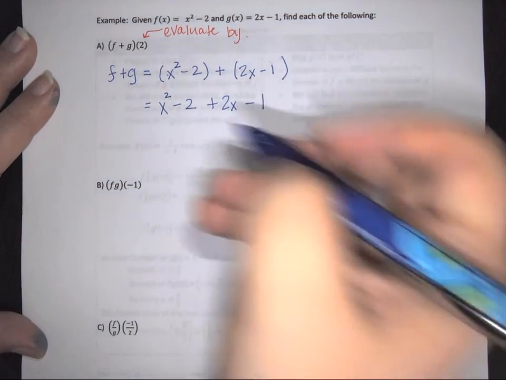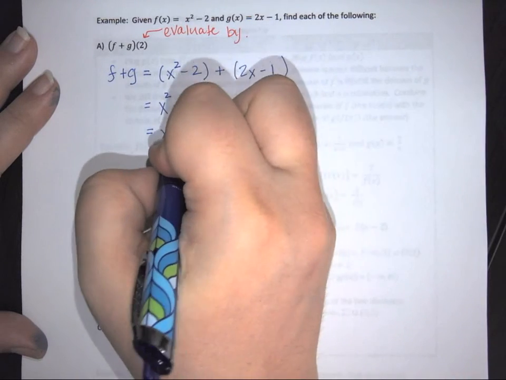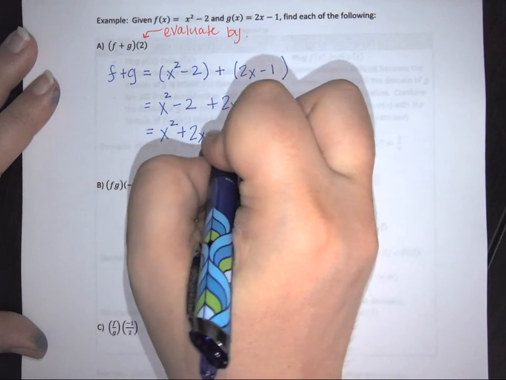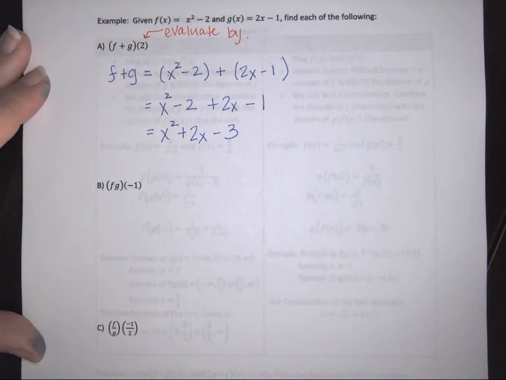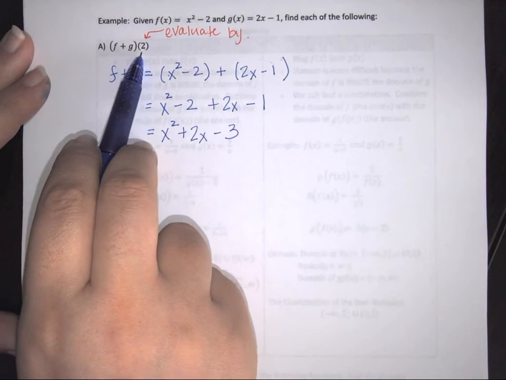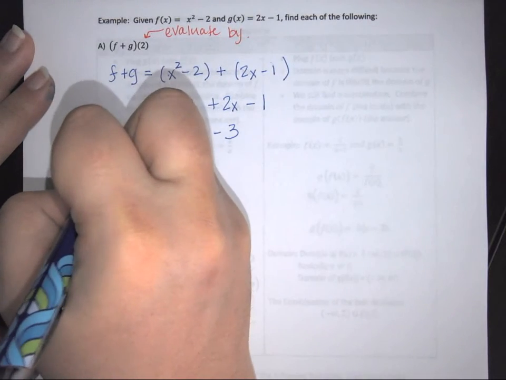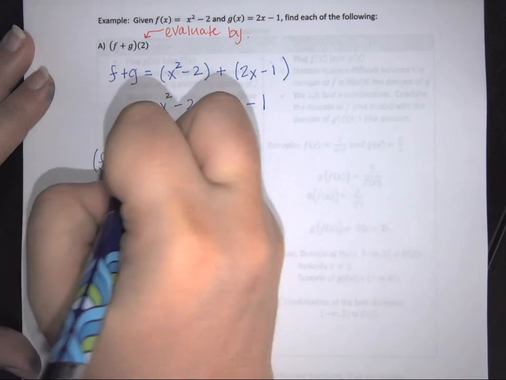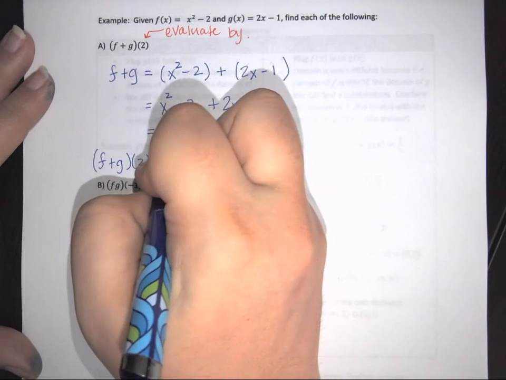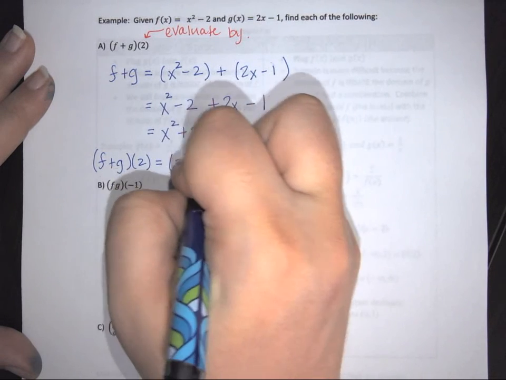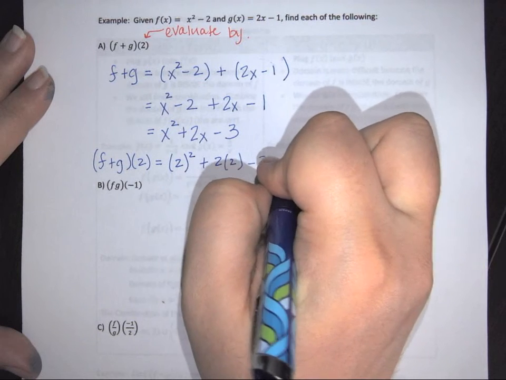You need to combine your terms, so this is x squared plus 2x minus 3. Now I need to evaluate by my term, and my term here was a 2. So I now have to do f plus g evaluated at 2. So that says anywhere you have an x becomes a 2. So this is 2 squared plus 2 times 2 minus 3.